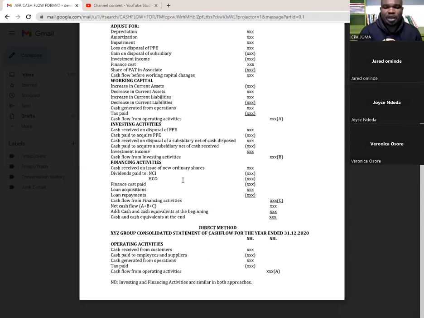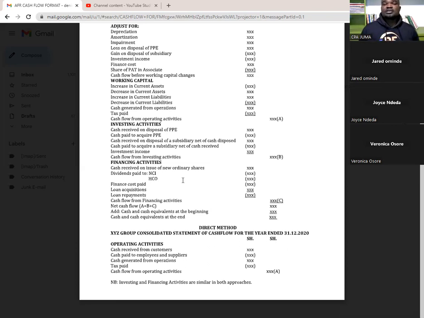Then write this kidogo. It might be very important for you: the cash and cash equivalents. We are not going to write it in broad, just something small about it.